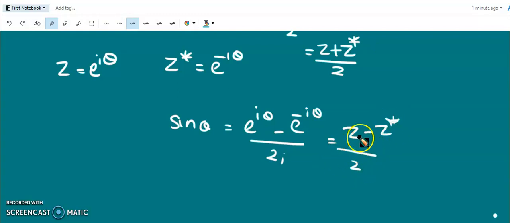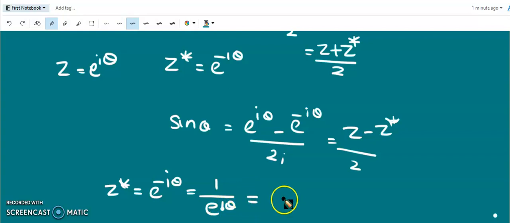But here r is 1, and we know that z star is equal to e to the power minus i theta, which can also be written as 1 over e to the power i theta. So that is 1 over z. So z star is 1 over z.